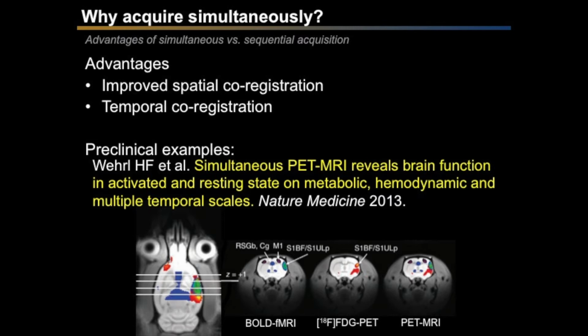A really good example of this was in a recent paper from a group in Germany. They basically showed changes in blood oxygenation and also FDG uptake in a rat whisker stimulation exercise. And so I think this is a really neat example of the potential applications for simultaneous PET/MR imaging.